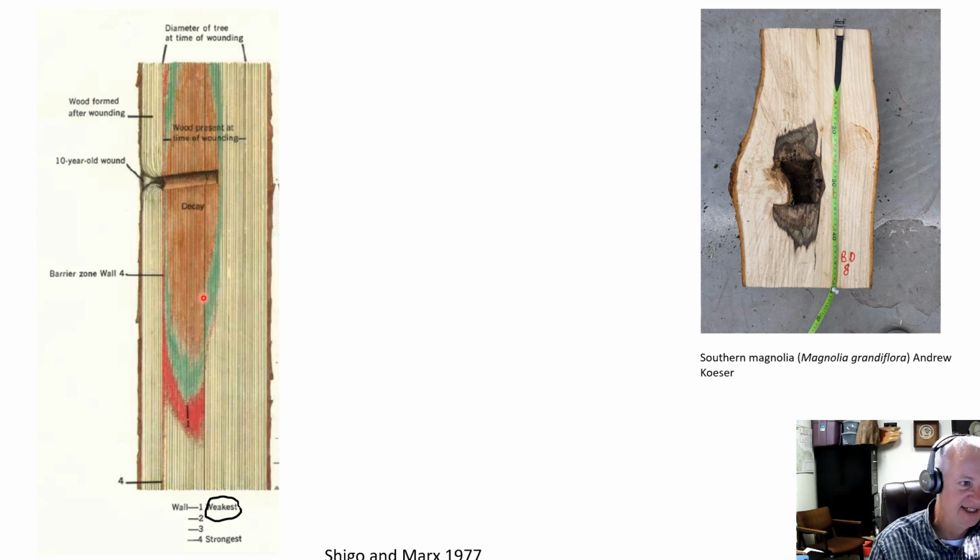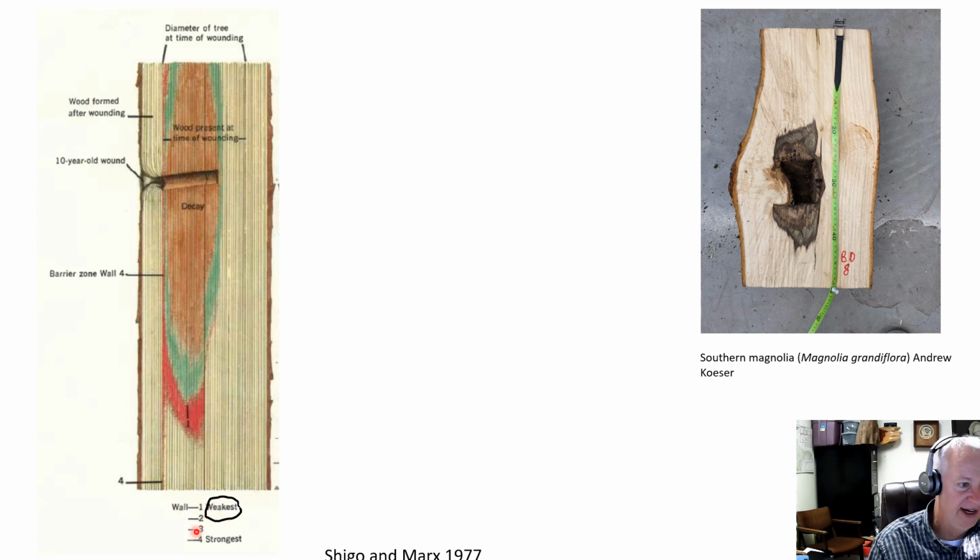Okay, so that resistance caused by plugging the vertical elements did eventually stop the spread, but it allowed more spread than was allowed radially. Okay, so that wall 1 is the weakest response.